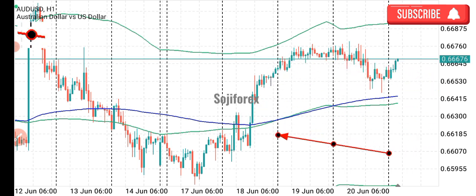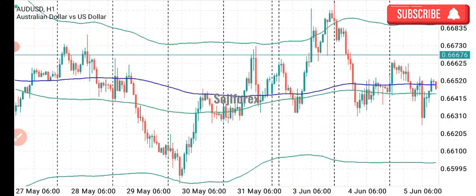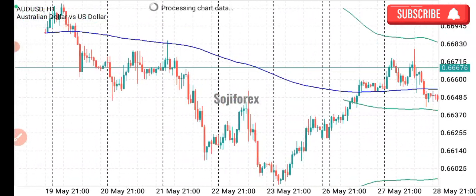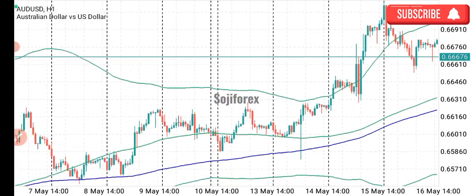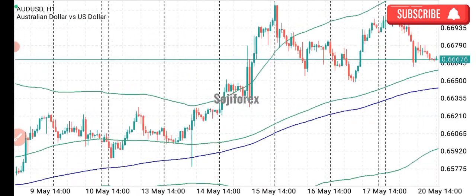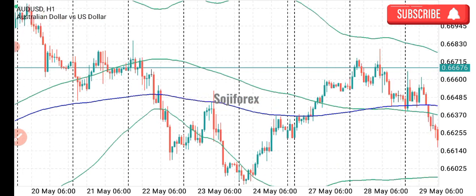If you look critically, you realize that there is not much difference between where the line of the 200 EMA is and the middle Bollinger Band. They are almost together at the same place. So for that reason, I personally don't use the 200 EMA.